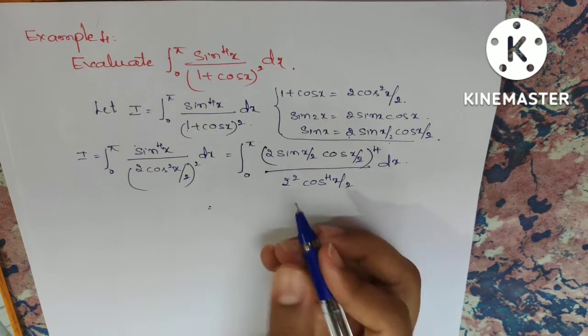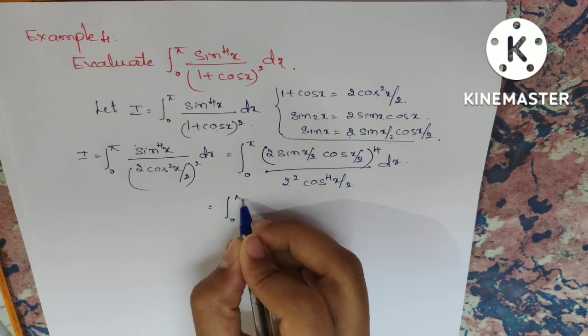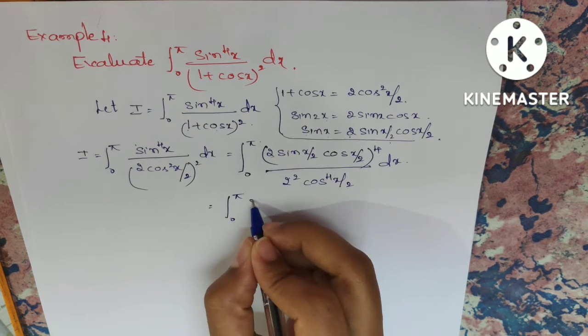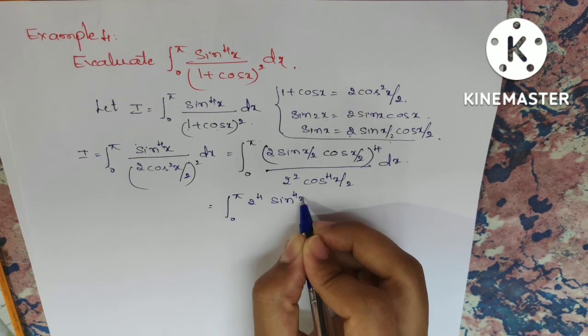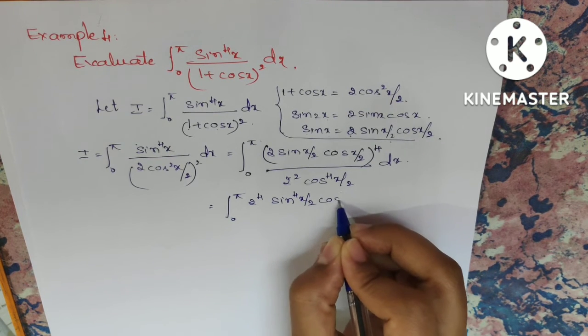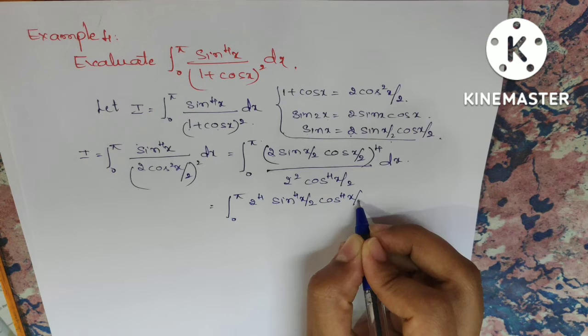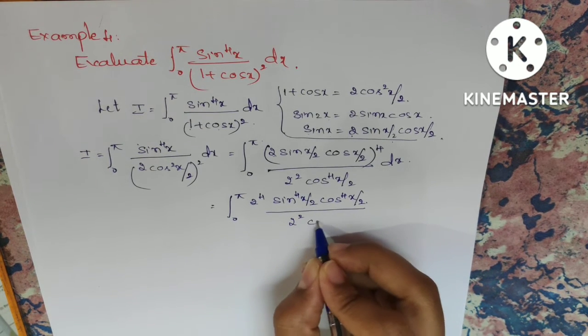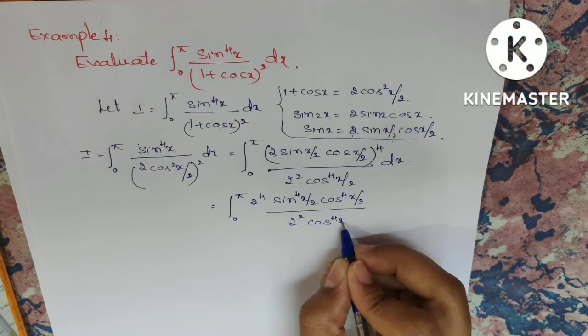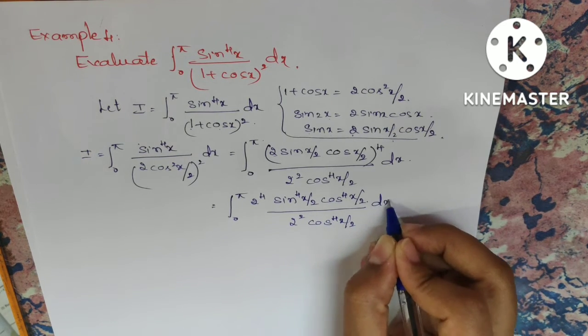So this equals integral from 0 to pi of 2^4 sin^4 x/2 cos^4 x/2 divided by 2 square cos^4 x/2 into dx.